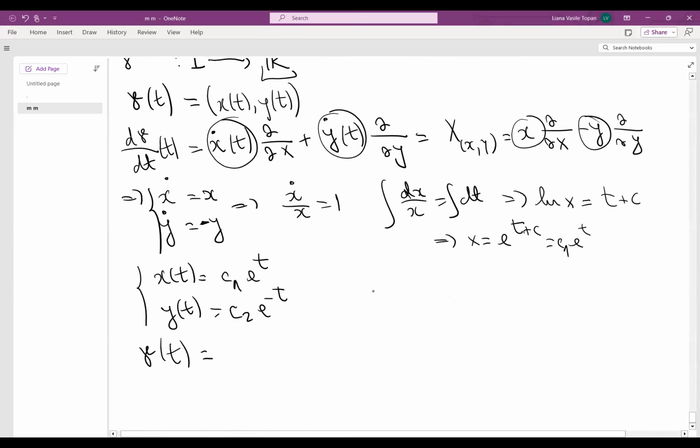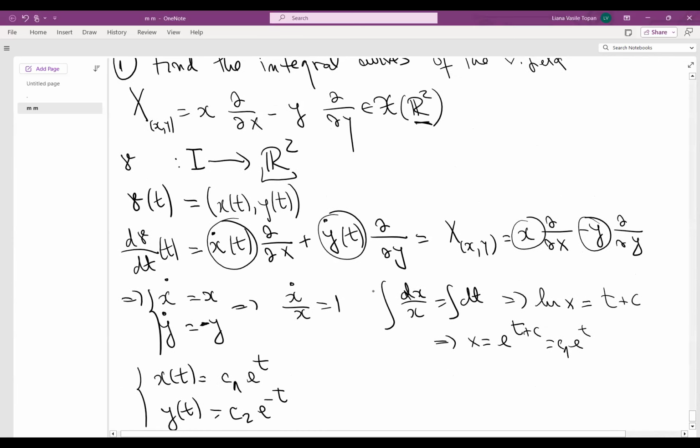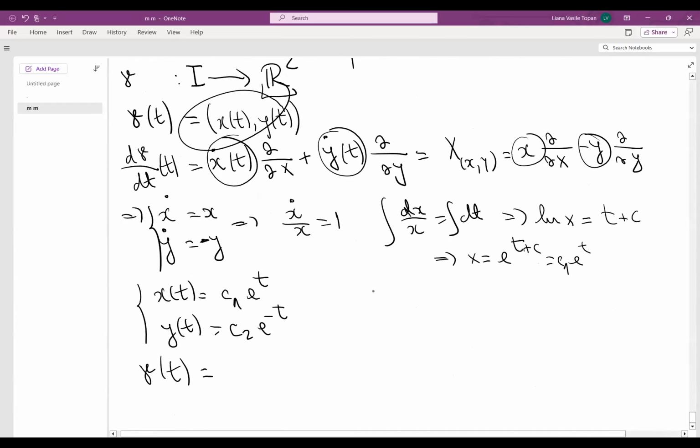It is given by x of t and y of t, so it will be c1 exponential of t, c2 exponential of negative t. You see, t can be any real number, so that's global. We can define these curves on the whole number line, right? So this is how we find the integral curves.